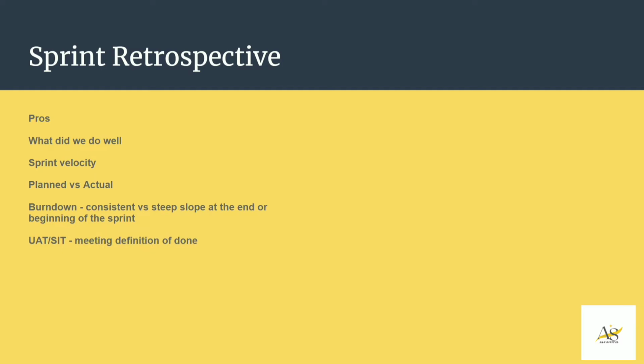Next is we need to understand the definition of done. Now, why is that important? To get your velocity, you must have completed your stories. And those are done when you have finished some testing, whether it is unit testing or integrated testing, peer testing, QA testing.